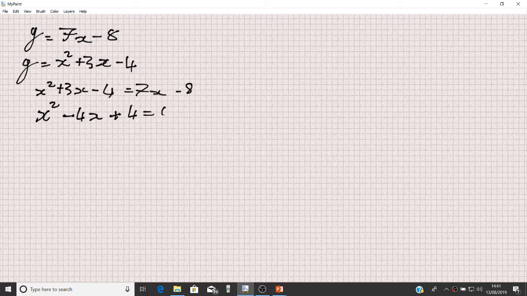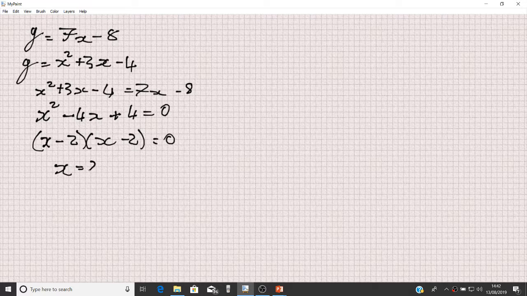Set that to 0. So if we take a look at the factors in this case, we will have one repeated factor, which is x minus 2, and again x minus 2 equals 0. So that will give us just one value of x.